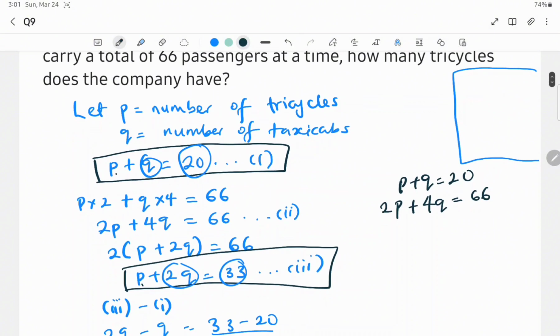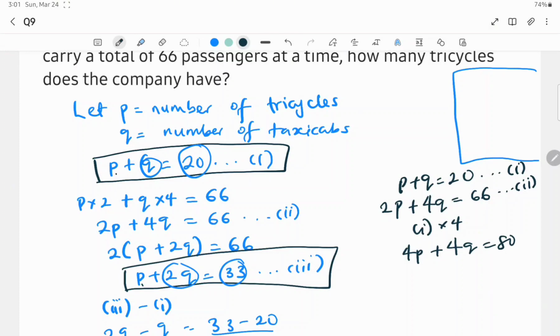I can multiply the first equation by 2 so that I have the same coefficient for P, or I can choose to multiply it by 4 so that I have the same coefficient for Q. Let's choose to multiply by 4. Equation 1 multiplied by 4 gives me 4P plus 4Q equals 80.